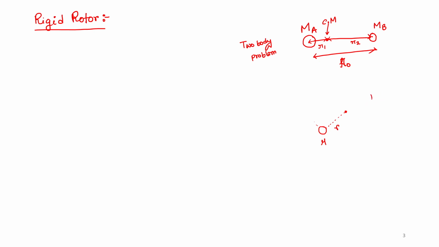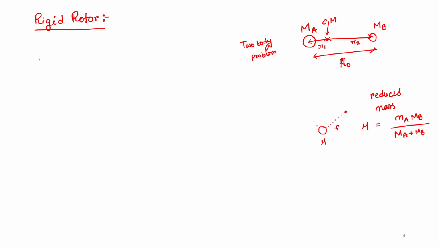We earlier discussed reduced mass, right? For the vibrational case also we discussed what is reduced mass. Mu is nothing but, for this case, ma mb divided by ma plus mb. So this is reduced mass. So we can convert a two body problem to a one body problem.